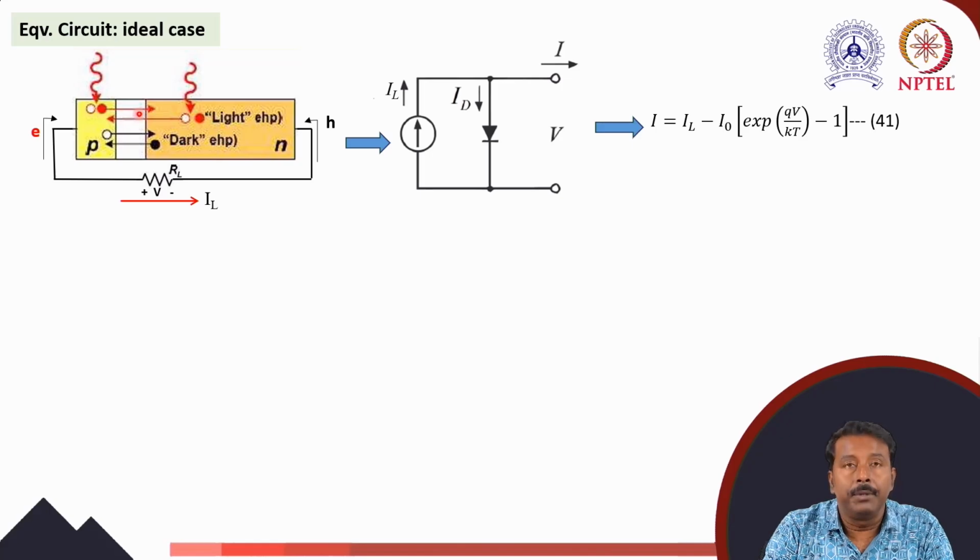In this figure it is clear that the photo-generated electron-hole flow and dark electron-hole flow are in opposite directions. This we have already discussed in detail in the last class. So this portion is called ID and this is the photocurrent.